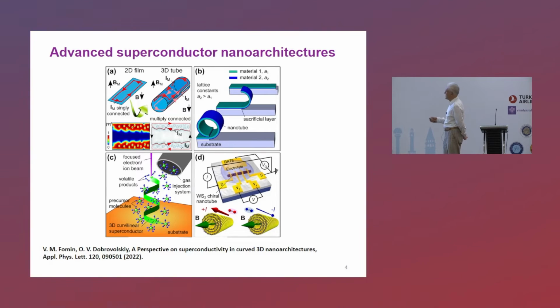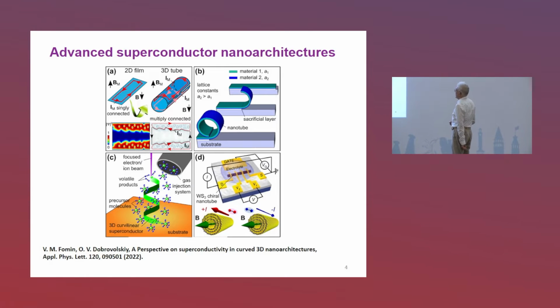Okay, I still have here a first slide. If we consider such a superconductor nanotube, look, here is a slit, and put it in a magnetic field orthogonal to the axis. The main difference between a planar film and a rolled up nanotube is in the following.